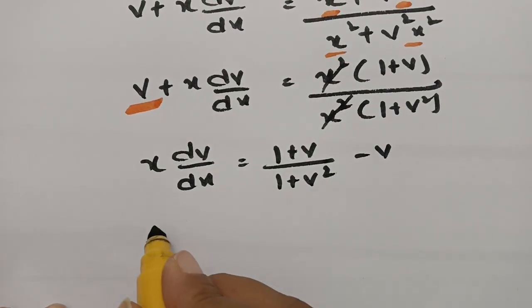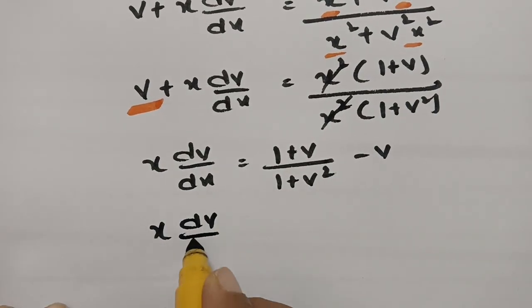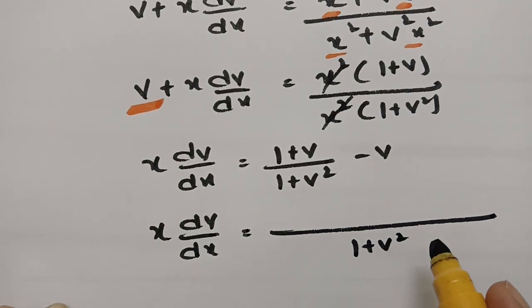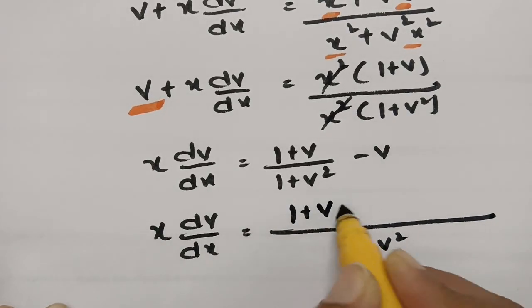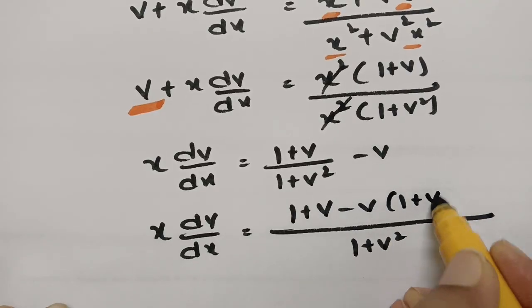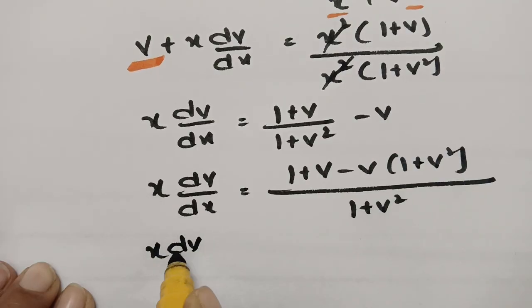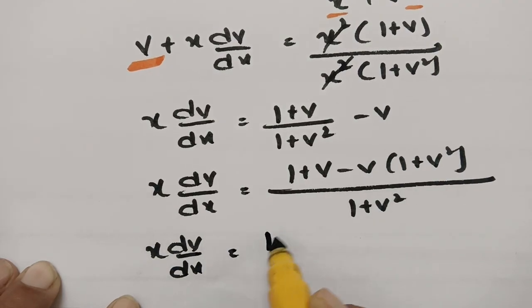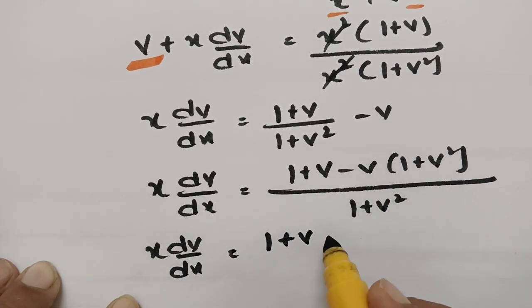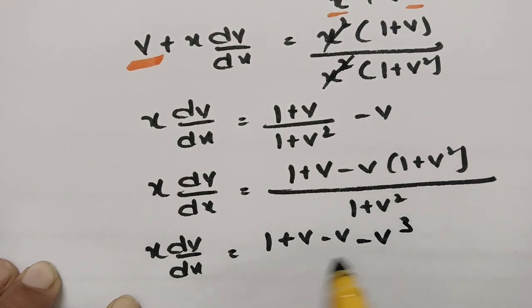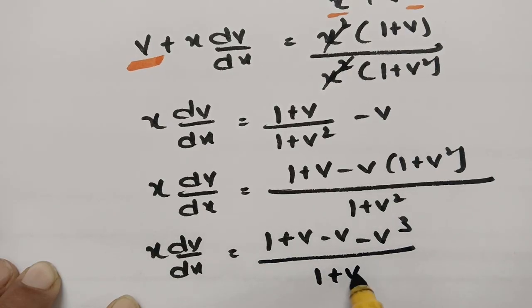And see here, this is going to become x into dv by dx is equal to, if I take 1 plus v square as the LCM, this will be 1 plus v minus v times 1 plus v square. So this is going to become x into dv by dx is equal to 1 plus v minus v minus v cube by 1 plus v square.